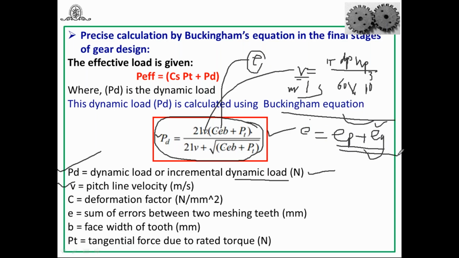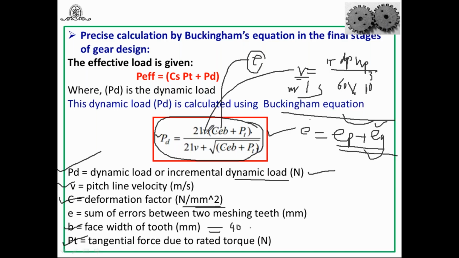This error or tolerance depends on the manufacturing method used for different manufacturing grades. Then C is the deformation factor, in Newton per mm square. Then B is the face width, you know very well, 40 mm, and PT is the tangential force already calculated.